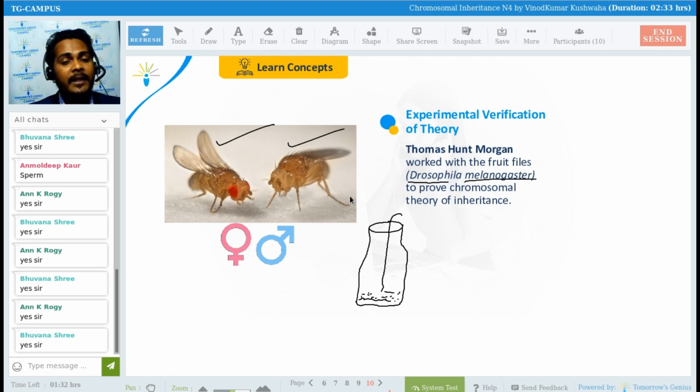That's why its cultivation is much easier than the pea plant, because the pea plant takes at least 3 months, but here it takes just a week or 2. Are you getting my point? Why Drosophila is a better organism compared to the pea plant?